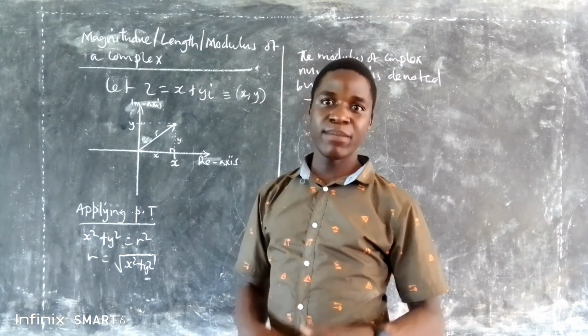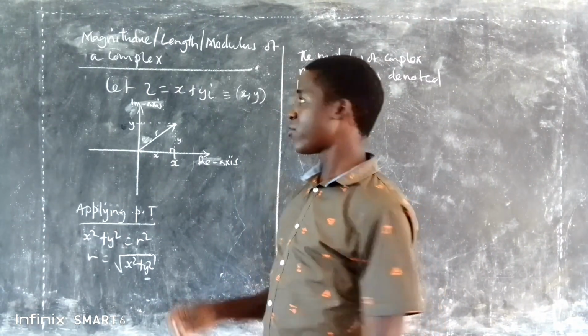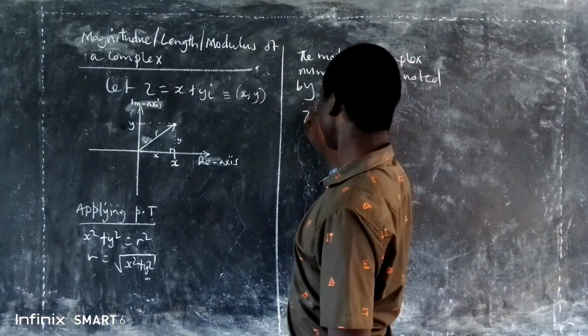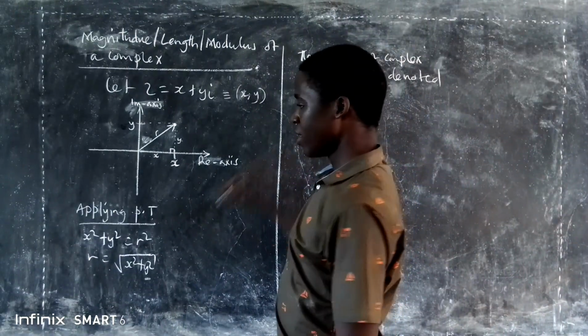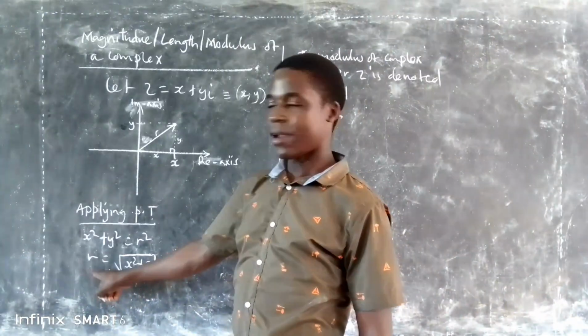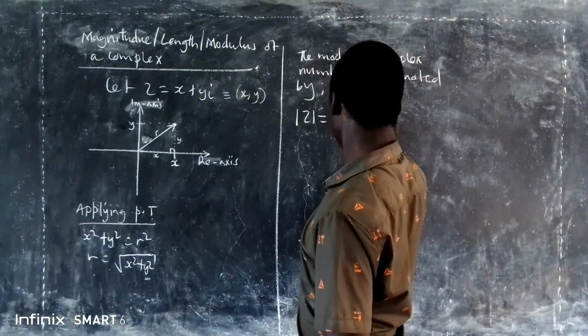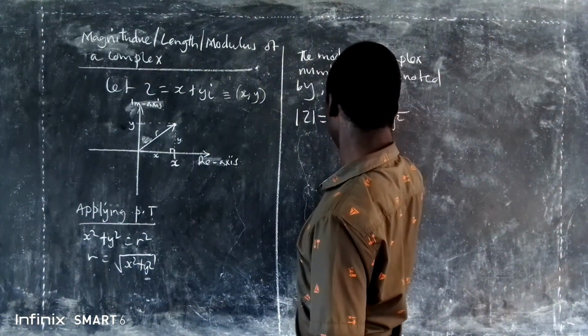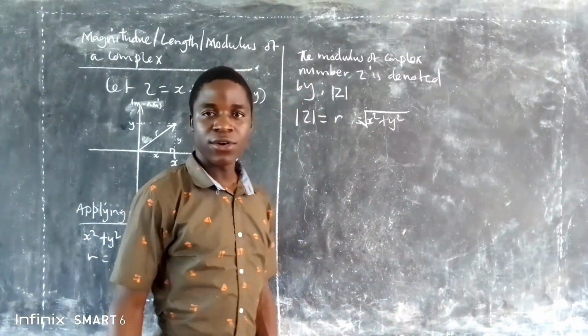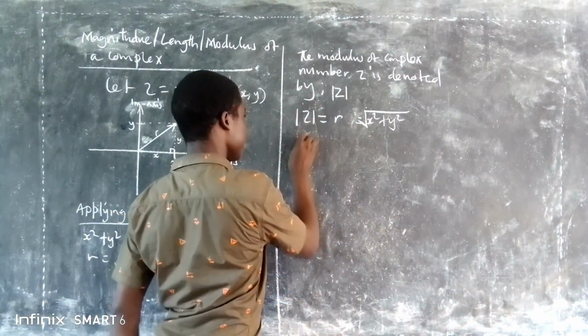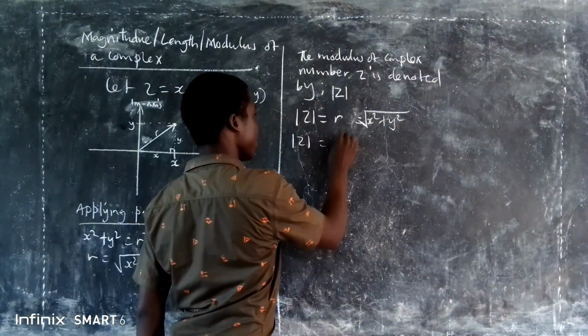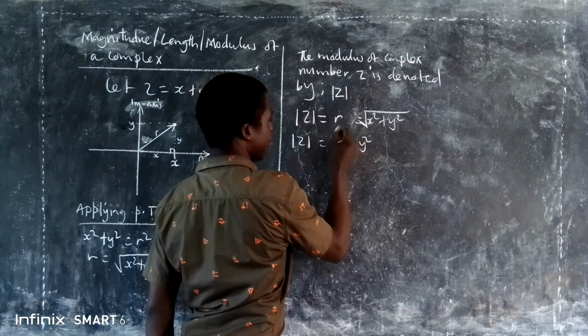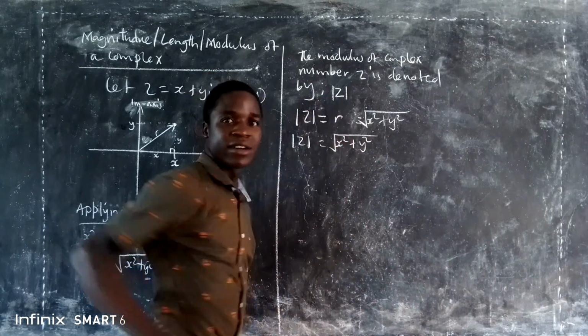For this case, we are saying that this Z magnitude is equal to R, and R is the square root of x squared plus y squared. So finally, the modulus of the complex number is always equal to the square root of x squared plus y squared.